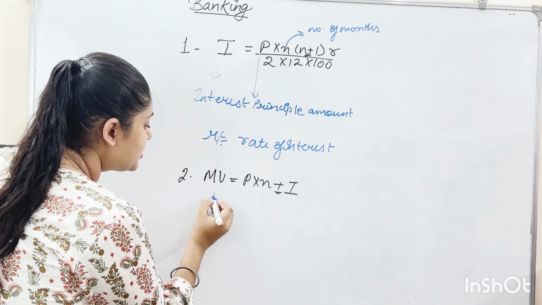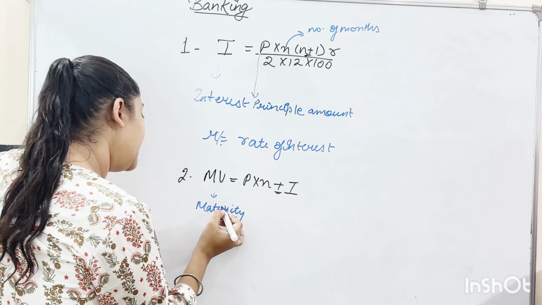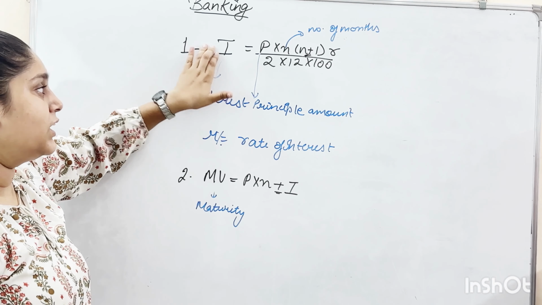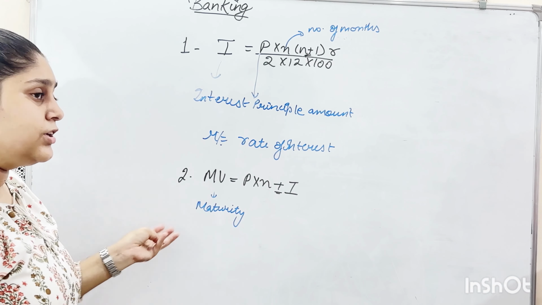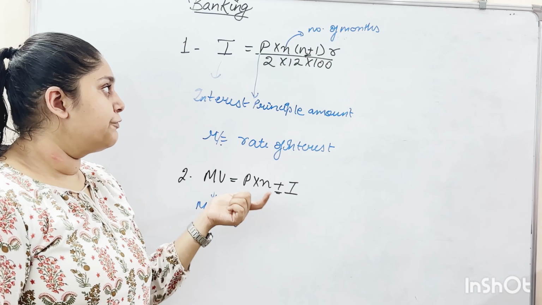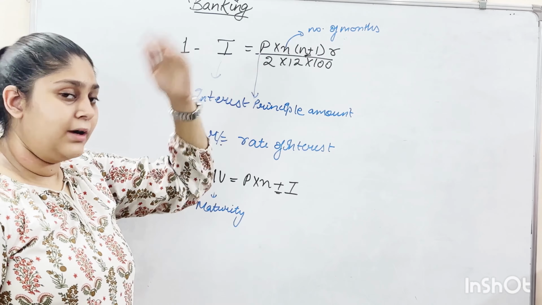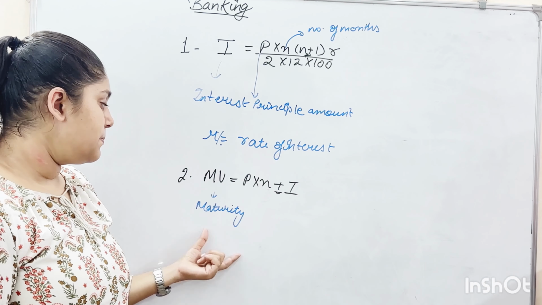MV stands for maturity value. If a loan has been taken for 3 years, then at the end of the 3 years, how much you pay, that is the maturity value. Even when you do an FD, you get the money with interest, and after a few years, how much you get is the maturity value.